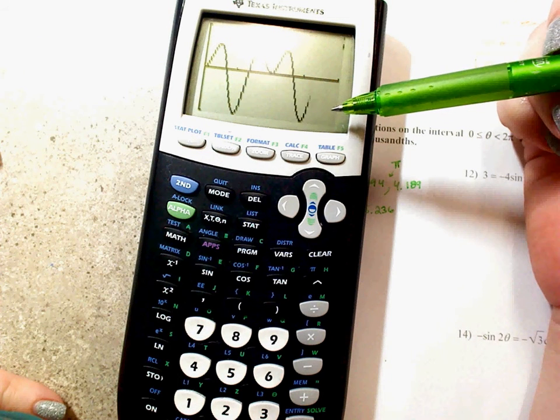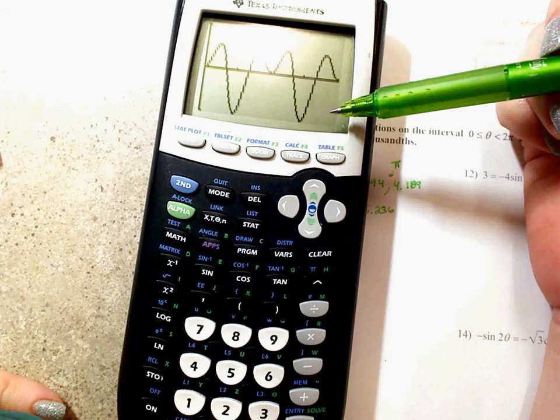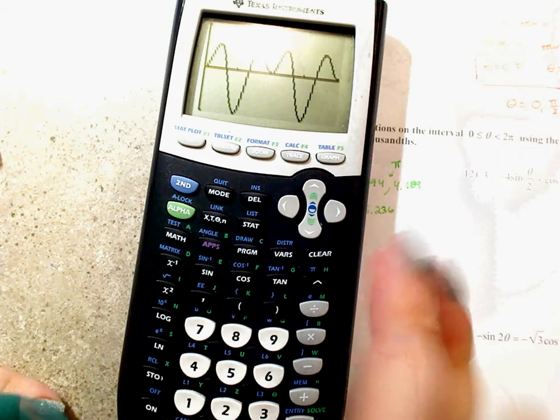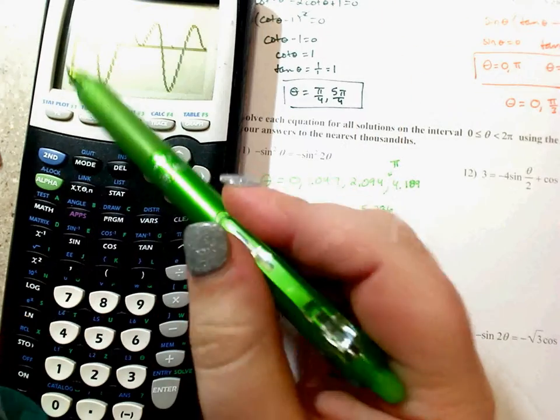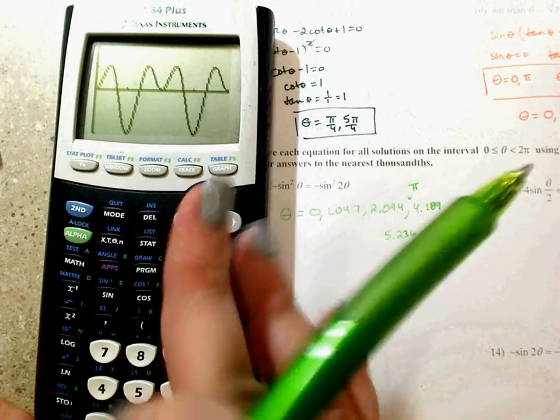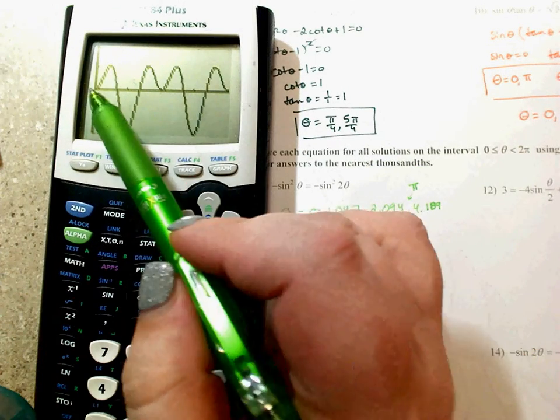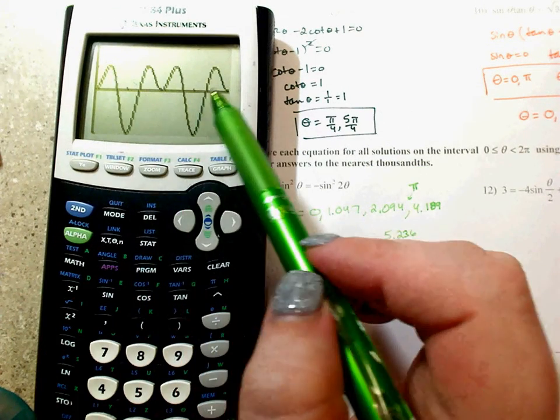Okay. Then I know that the number of times it equals 0 is the same number of times that these two functions equal each other. 1, 2, 3, 4, 5, 6, 7, but the 7th is 2 pi. So 1, 2, 3, 4, 5, 6.